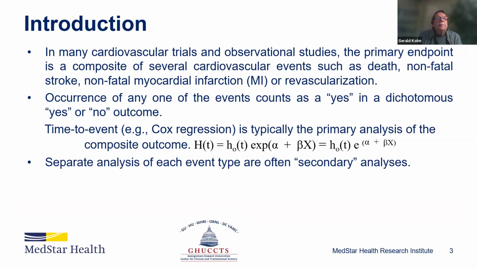So, and I'm doing this primarily from the standpoint of cardiovascular research because it applies very well. So in cardiovascular trials, oftentimes the primary outcome is a composite of several events like death or non-fatal stroke, non-fatal MI, or revascularization.